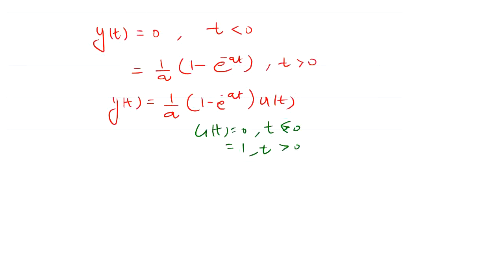If we consider t greater than 0, then u(t) is equal to 1, so y(t) is 1 divided by alpha times 1 minus e raised to the power minus alpha t. So we have considered both cases. Now comes part B of the problem.